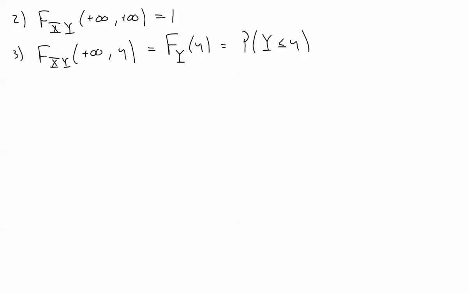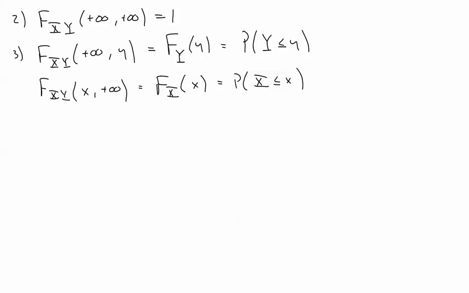And likewise for the other variable. So I can turn a joint cumulative distribution function into a marginal cumulative distribution function by letting one of the variables equal plus infinity.